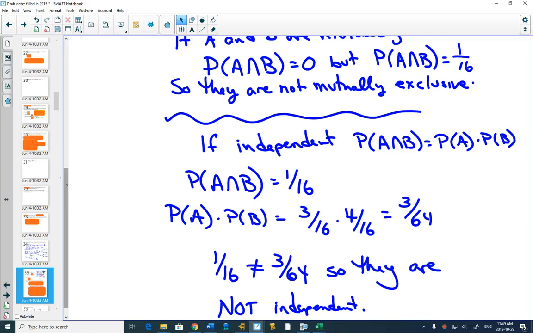Mutually exclusive means the probability of both is 0, so when you multiply them together, you're going to get 0. So for example, rolling a 7 on a 6-sided die. Very hard to do, quite rare, never happens. You're just rolling one die, is what I'm saying. It would have to equal 0, and the only way is if one of those events were 0. And if one of the events is 0, there's nothing in it. It's always going to be mutually exclusive with something else.